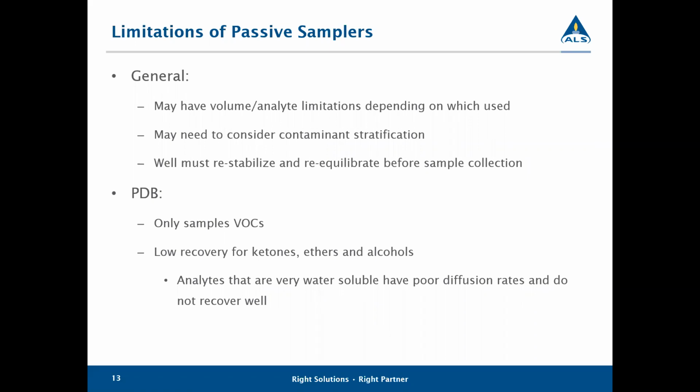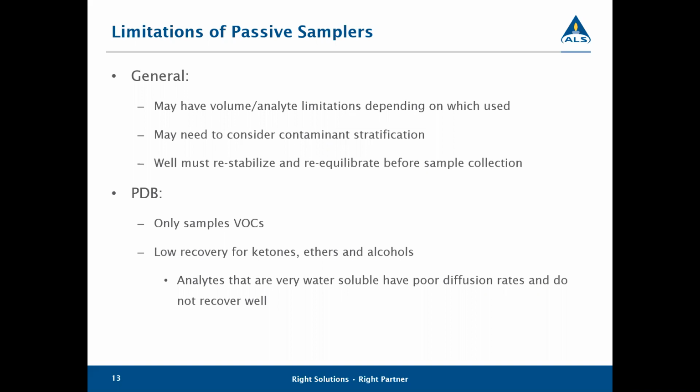And in general, you do need to consider contaminant stratification. This was touched on as a benefit, and it is something to be considered as well. As far as a limitation, you are screening a specific interval that the passive sampling device is hung in.